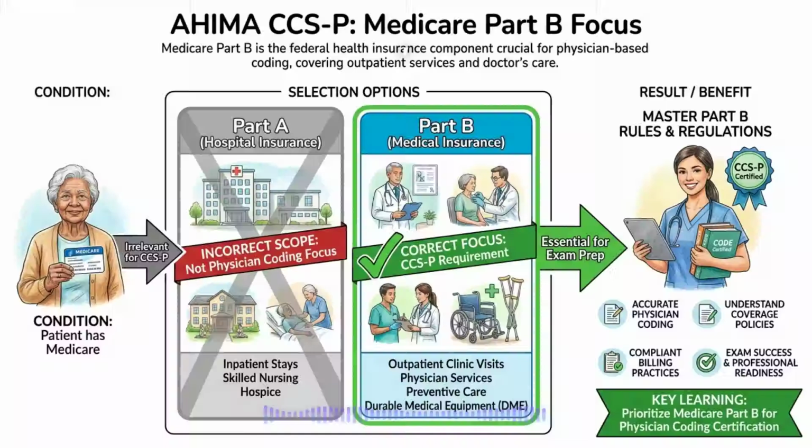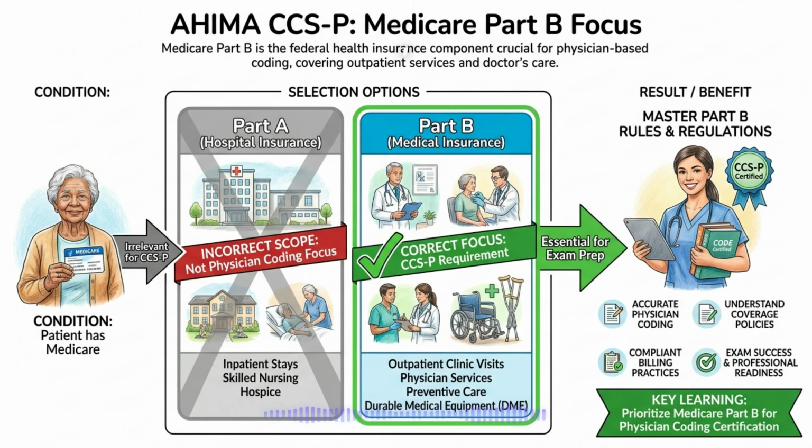Medicare is a federal health insurance program primarily designed for people who are 65 or older, and it is divided into multiple distinct parts. Part A covers inpatient hospital stays, skilled nursing facilities, and hospice care, which is outside the scope of physician coding.